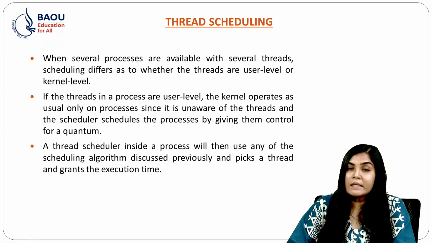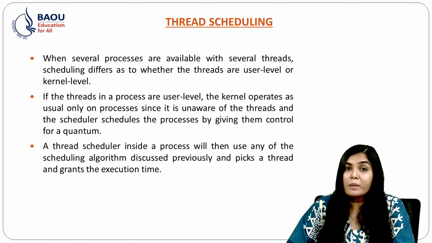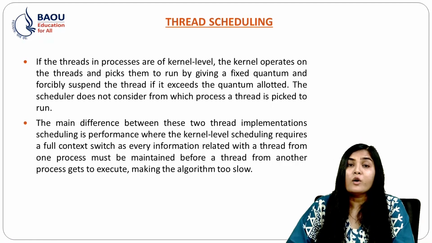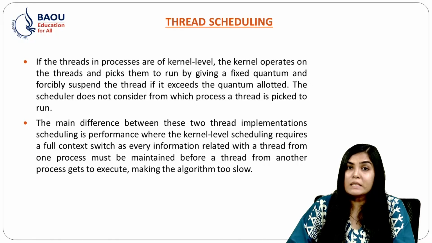If the threads in the process are of kernel level, the kernel operates on the thread and picks them to run by giving a fixed quantum, and forcibly suspends the thread if it exceeds the quantum allotted. So the scheduler does not consider from which process a thread is picked to run.